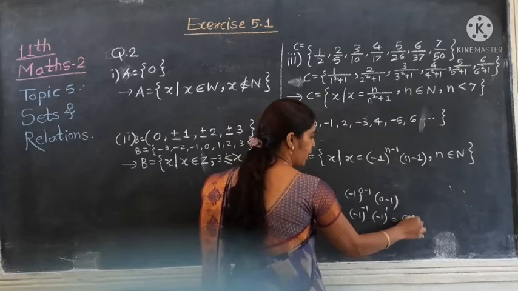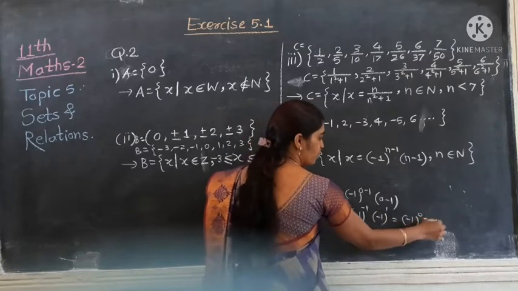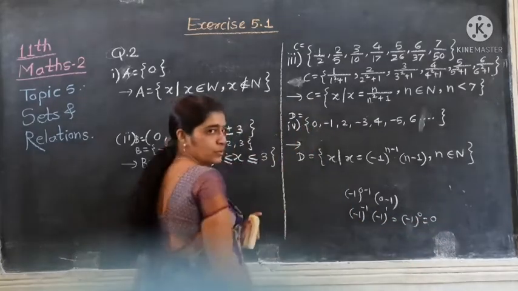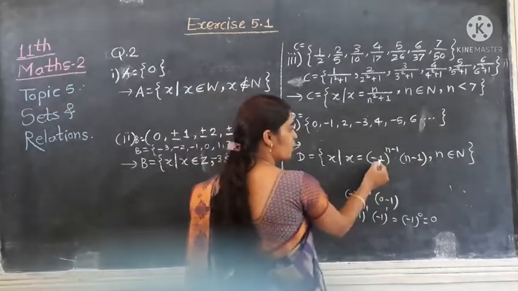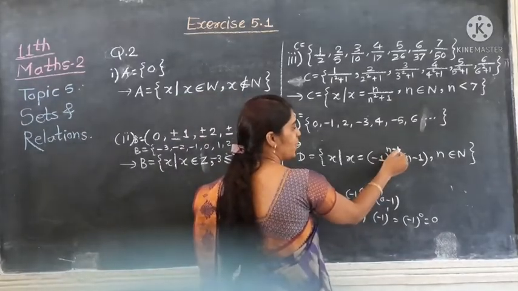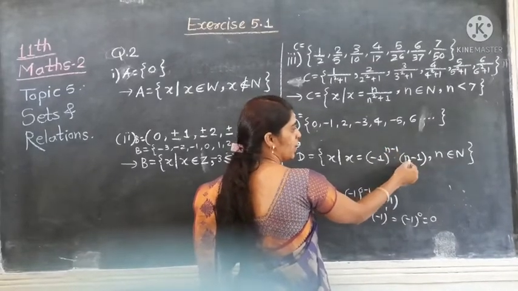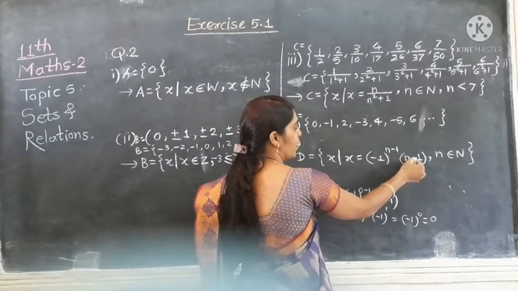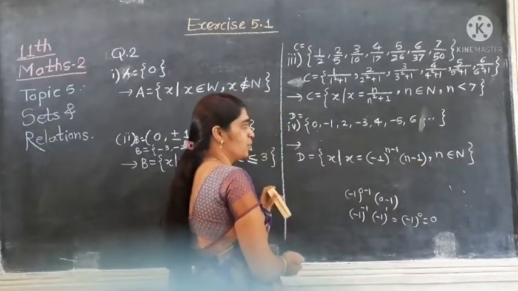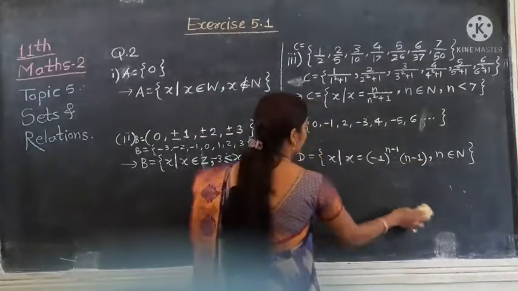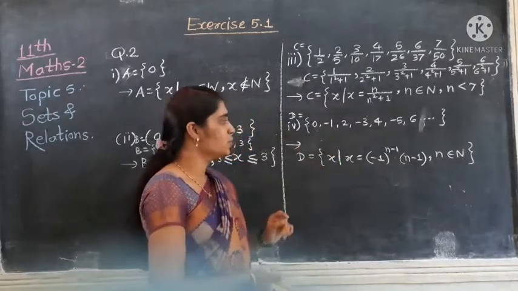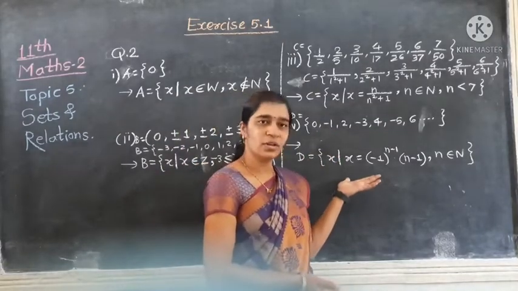This becomes minus 1 raised to 0, so the answer is 0. Similarly, second, observe: minus 1 raised to 1 minus 1, that is 0. Minus 1 raised to 0 means 1. And here 1 minus 1 means 0. So we get here the answer as minus 1 and so on.